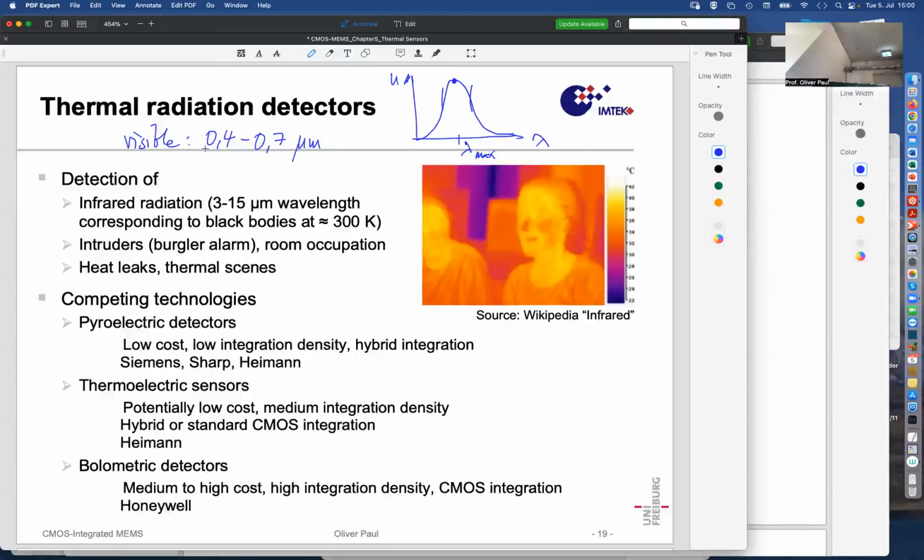It's the sun. The sun has a black body radiation spectrum that peaks in the wavelength range in which we see. What a coincidence. Well, evolution made it happen that we would see where most energy is available for seeing. So that's the wonder of evolution.